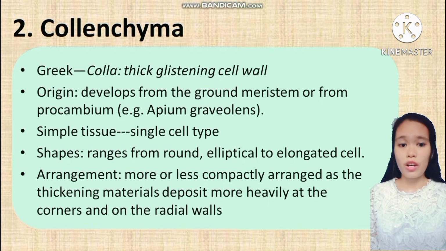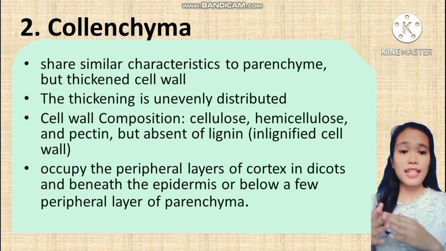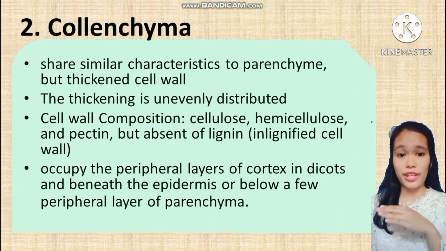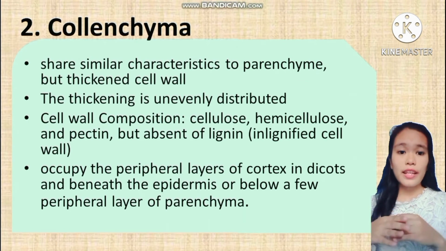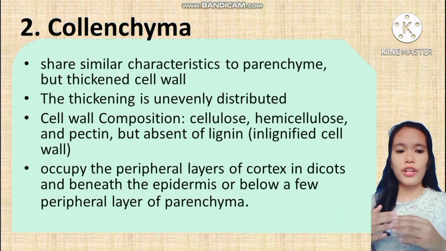The collenchyma cells are more or less compactly arranged, as the thickening materials deposit more heavily at the corners and on the radial walls. Collenchyma has similar characteristics to parenchyma, but with a thickened cell wall. The thickening is unevenly distributed.